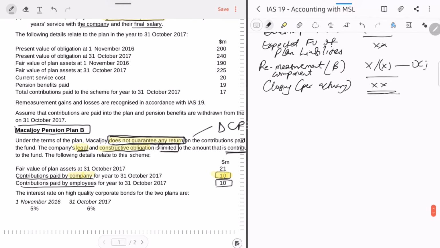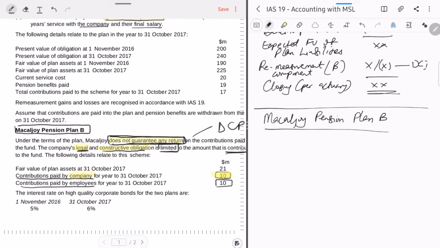So let's come here and let's answer. So we say for McCalljoy pension plan B, we say what? No assets or liabilities will be recognized, like we said earlier, right?